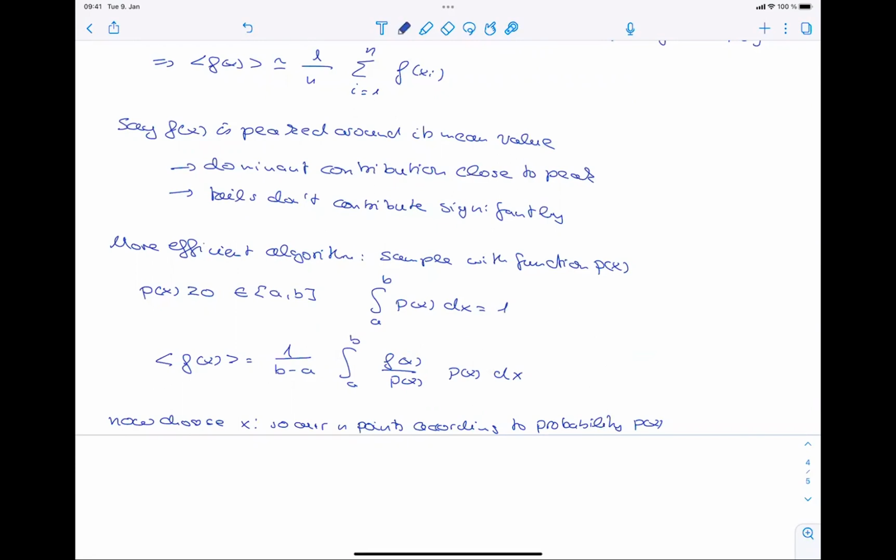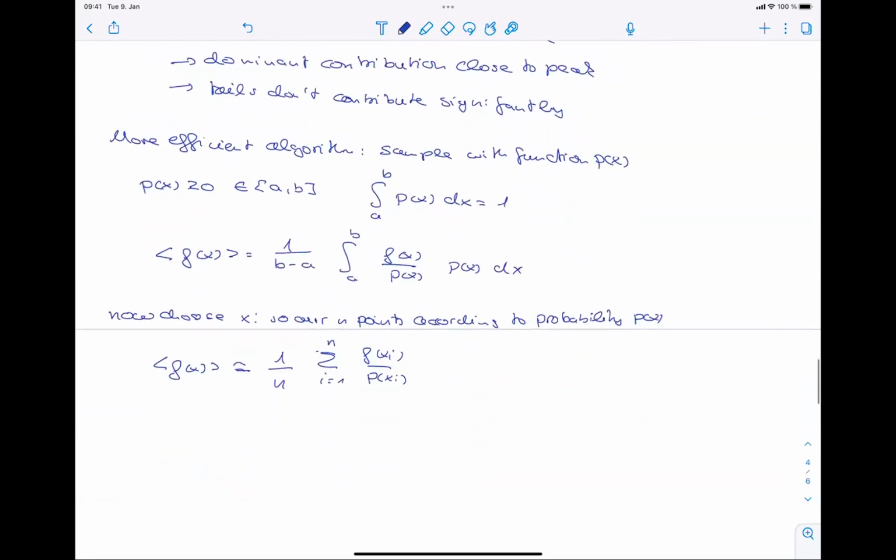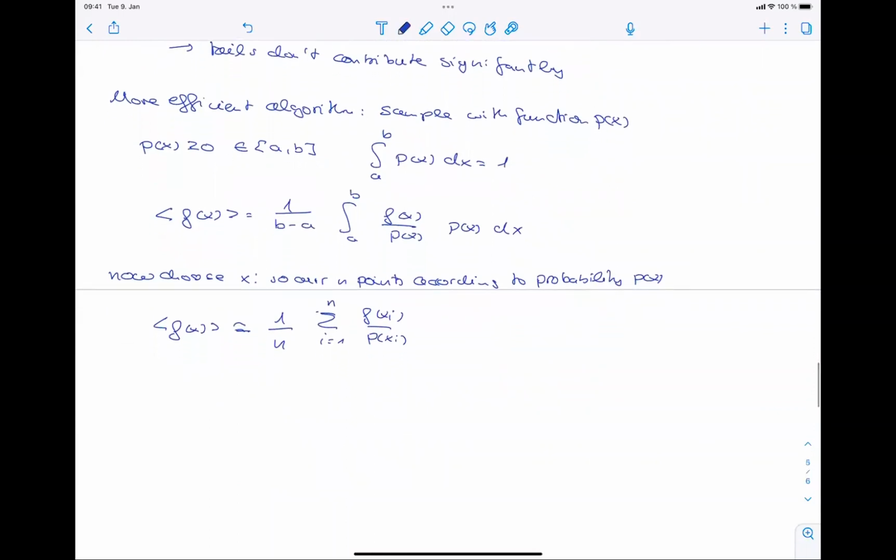So what I do is now I can approximate my average value by again summing over n points, but these are now not evenly distributed anymore, but according to p of x, and evaluating f of x divided by p of xi. And by that, I can make sure that I sample a lot of points along where my function is peaked.